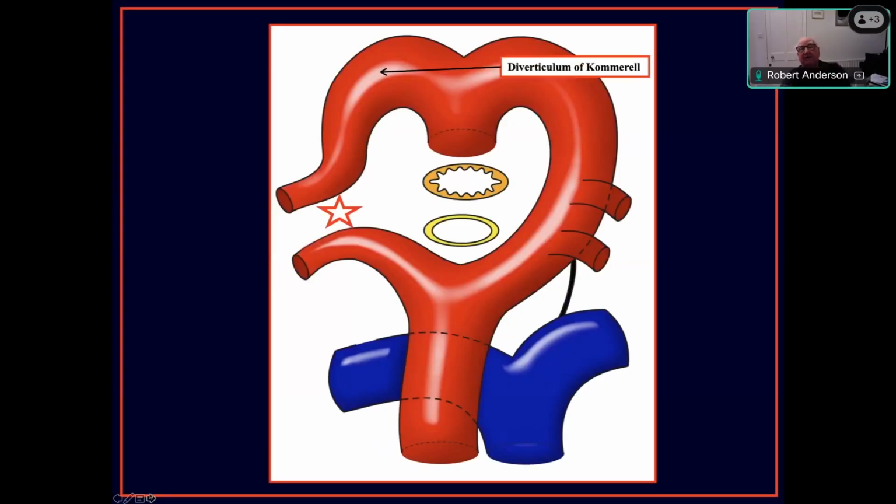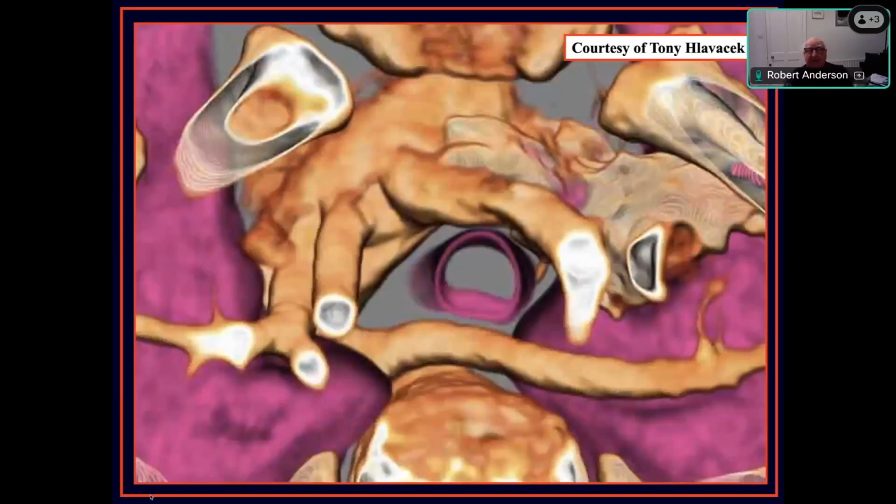So then it is the dorsal part of the right aorta that persists, giving us the diverticulum, that then feeds the right subclavian artery, and we have a retroesophageal right subclavian artery. And that is what you see here in this exquisite computed tomogram shared with me by Tony Levarchek, who works in the Medical University of South Carolina.